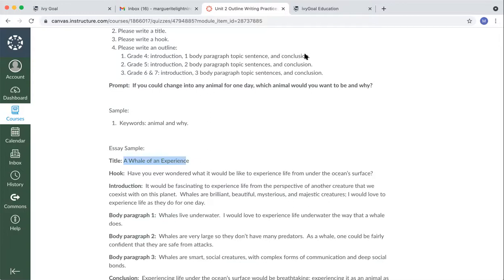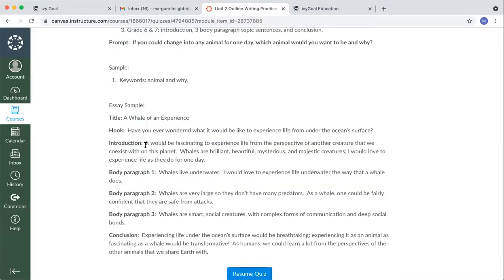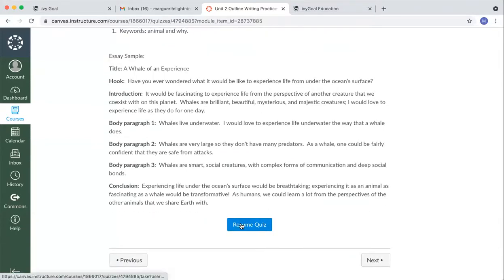I totally want to read that. Okay. Then you have an introduction and a body paragraph and a conclusion. Now you don't have to write these in order. That's a misconception that you have to write everything first: keywords, hook, then intro, then body paragraph, then conclusion. You don't have to. That's actually not how writing always works.